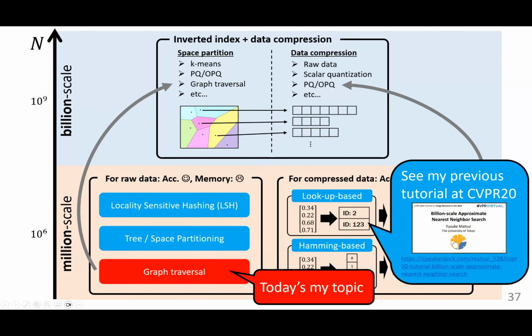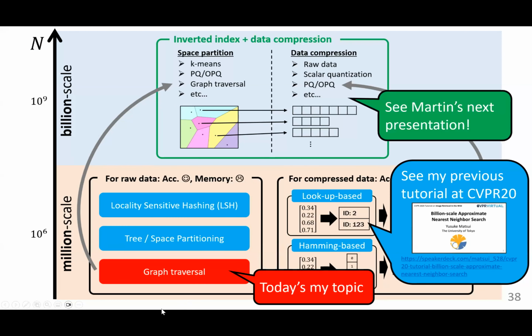For other million-scale algorithms, you can see my previous tutorial, CVPR 2020. I explained very carefully. For the last 3 years, everyone has been using graph-based algorithms. So today I focus on this one. The above part, the billion-scale part, Martin will explain in the next presentation. So let's wait. Okay, this is a big picture for today's talk.